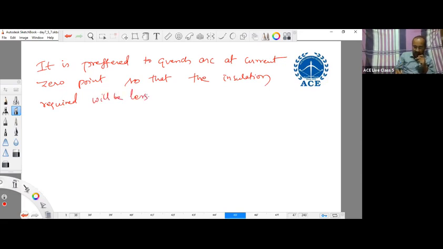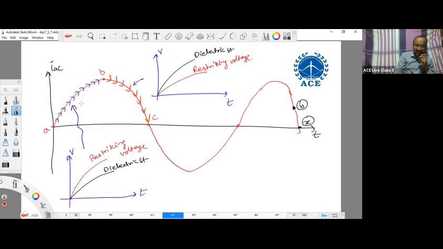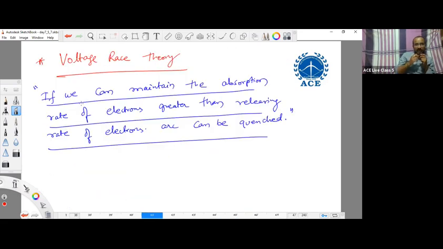So this is about voltage rise theory. What is the condition that must be satisfied according to the voltage rise theory? If you can maintain the absorption rate of electrons greater than the releasing rate of electrons, the arc will be quenched. Or the other condition can be written as this: the rate of rise of dielectric strength of insulation should be greater than the rate of rise of restriking voltage.